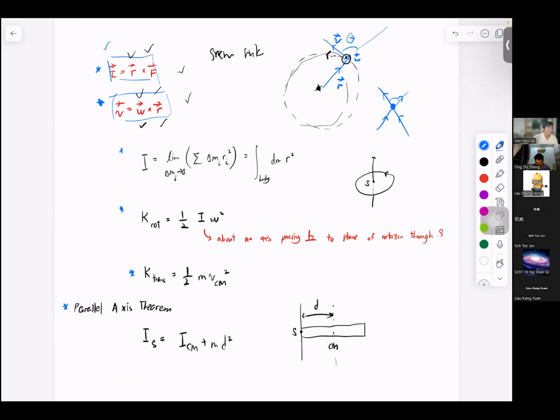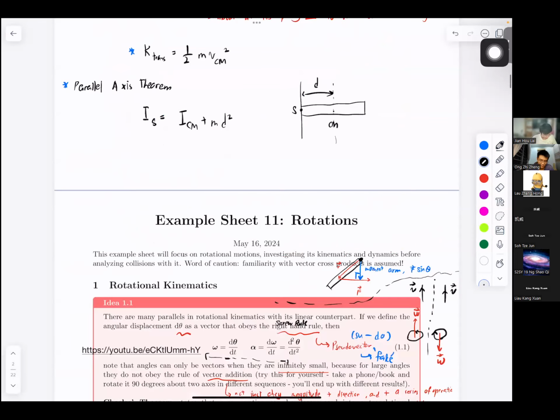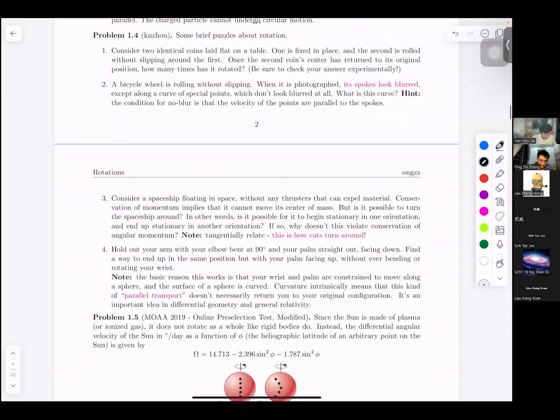It's kind of related to that. We're talking about moment of inertia I, which is related to that idea we have in mind. We'll come back to this again.